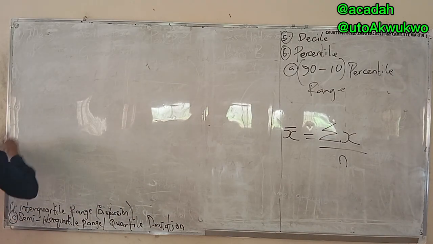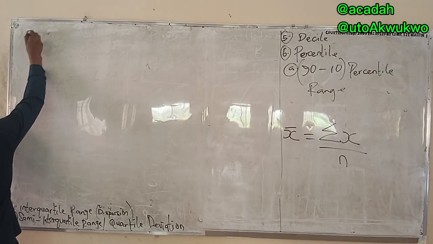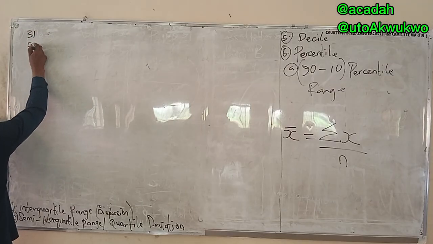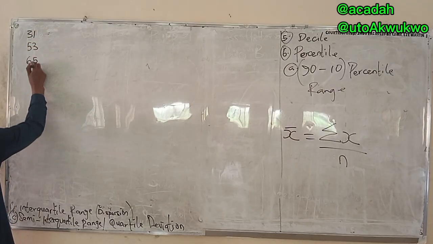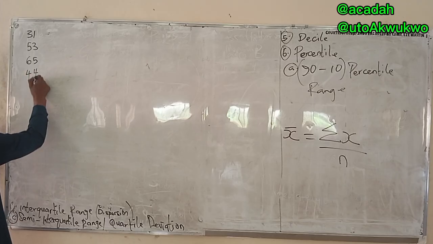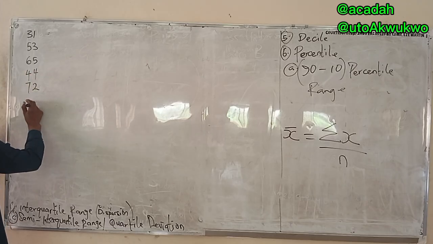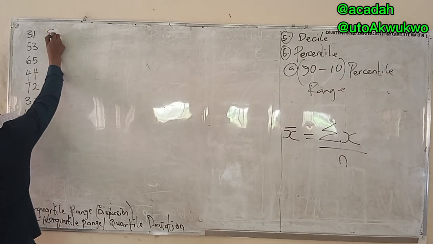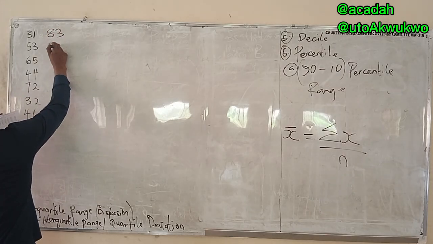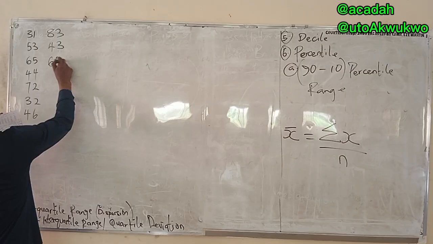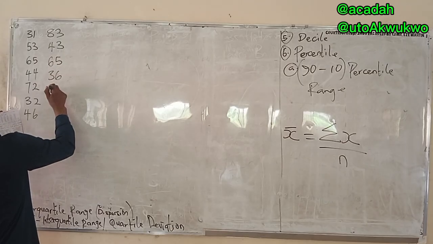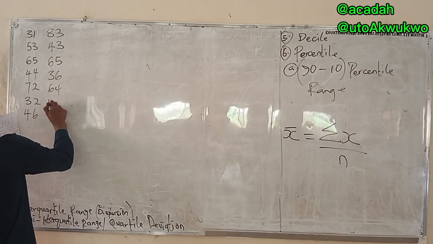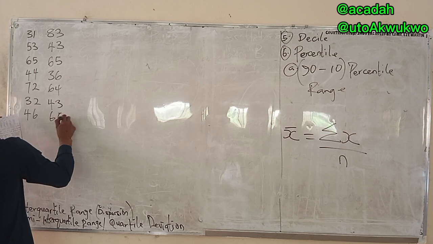We have 31, 53, 65, 44, 72, 32, 46. We have 83, 43, 65, 36, 64, 43, 65.